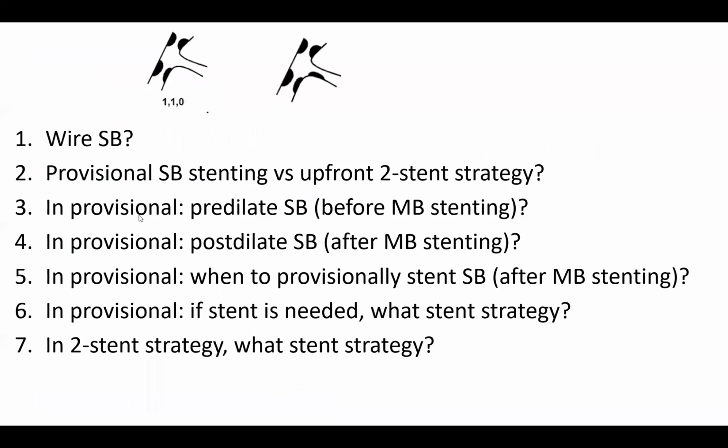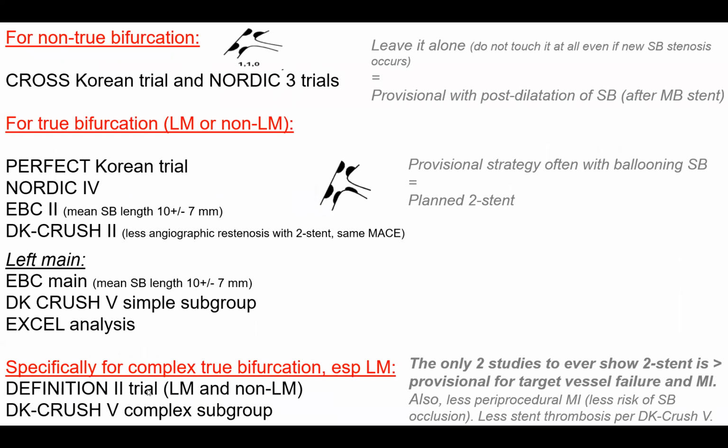And keep in mind here, even though those trials suggested that two-stent is superior to provisional in complex true bifurcation, that still doesn't make two-stent approach mandatory for complex true bifurcation.